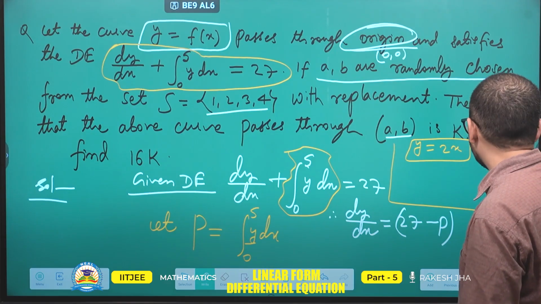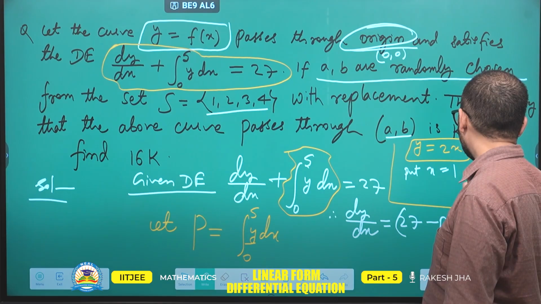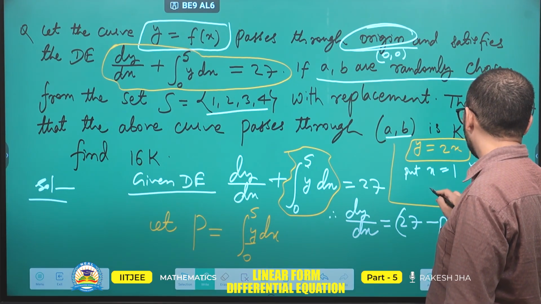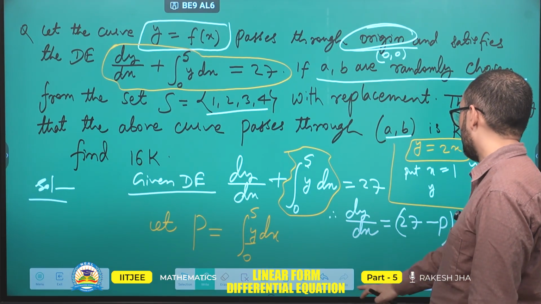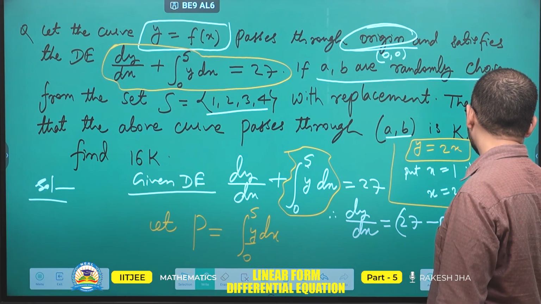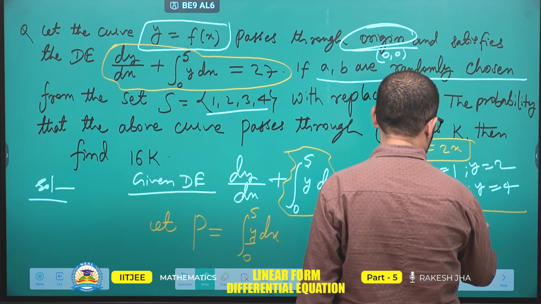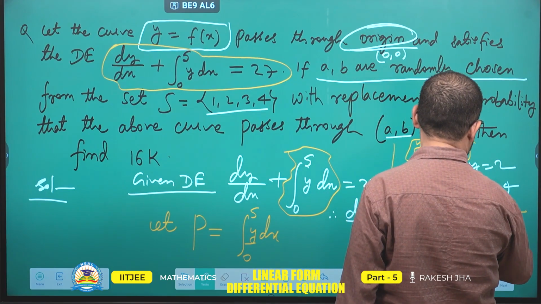So what are the possible values of y? Put x is equal to 1, y will be how much? 2. If you put x is equal to 2, then y will be how much? 4. If you put x is equal to 3, then y will be equal to 6.